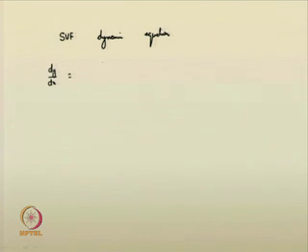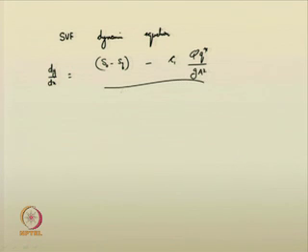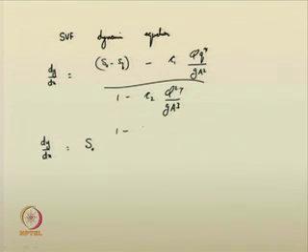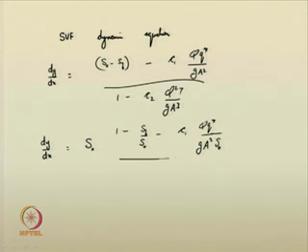You have dy by dx equal to S0 minus SF minus C1 into QQ star by GA squared, divided by 1 minus C2 Q squared T by GA cubed. So, I can just write it in a convenient form, taking S0 out: S0 into 1 minus SF by S0 minus C1 into QQ star by GA squared S0, the whole thing divided by 1 minus C2 into Q squared T by GA cubed.